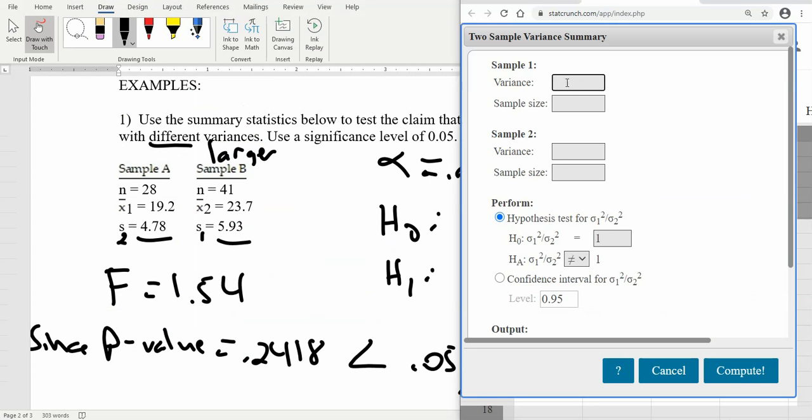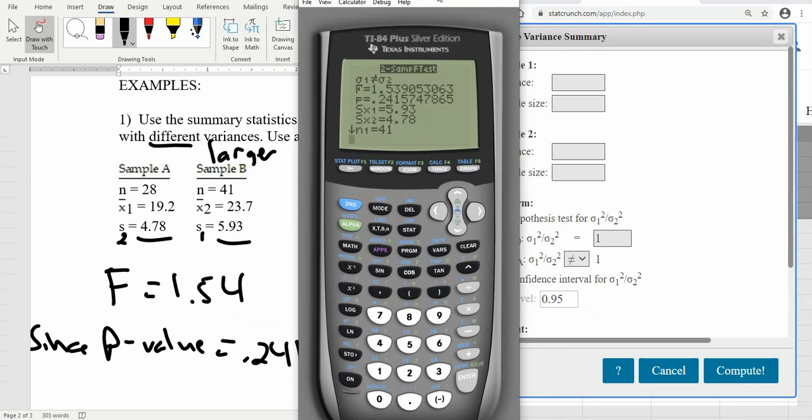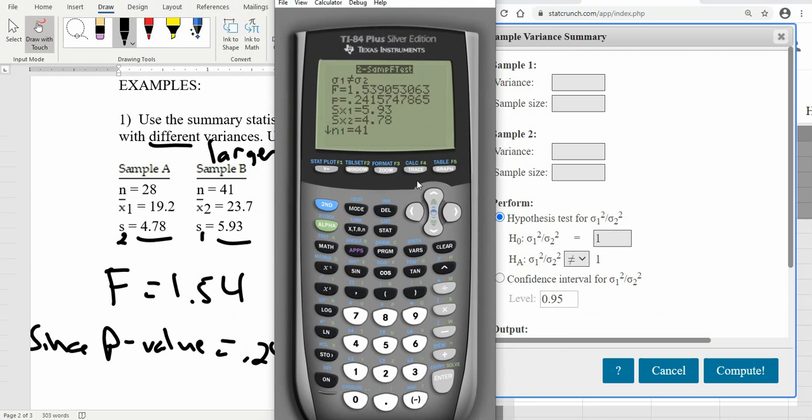So this is variance 1. I don't have the variance, so I have to come over here to my graphing calculator and find the variance. That's 5.93 squared, because the standard deviation is 5.93. When you square that, you get the variance: 35.1649. It has a sample size of 41. So you have to be really careful what you're given and what you type in.